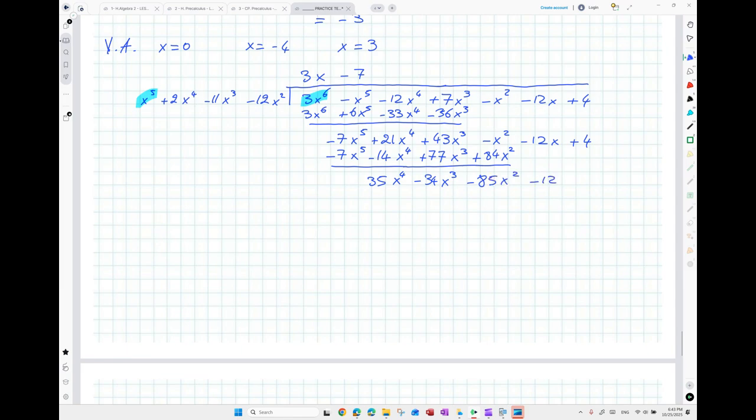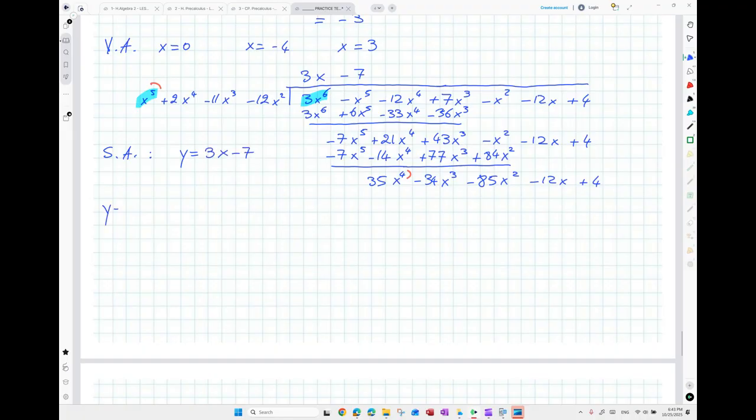I bring down the rest, and here, because the degree of my remainder is less than the degree of the denominator, I stop. And I conclude that the slant asymptote is y equals 3x minus 7.